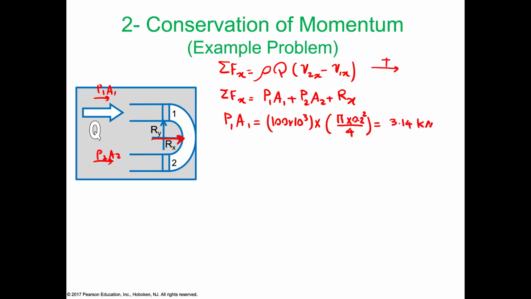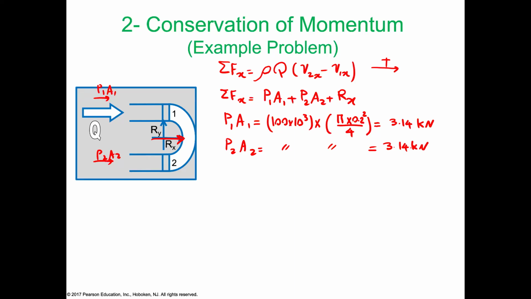3.14 kilonewton. I think we all agree that P2A2 is the same because it says that pressure, 0.1, 0.2, it seems that both are the same. Area of the pipe is constant. So it means that you can do the same and both are the same.